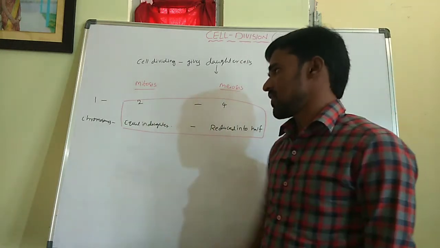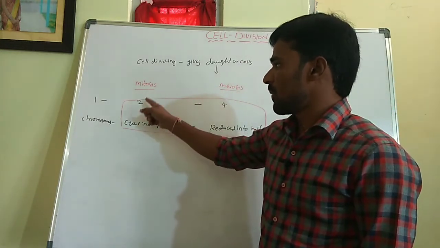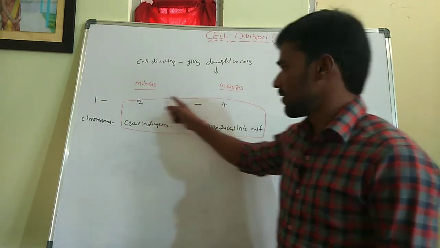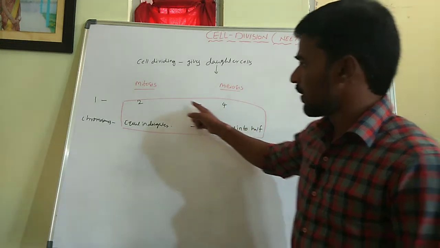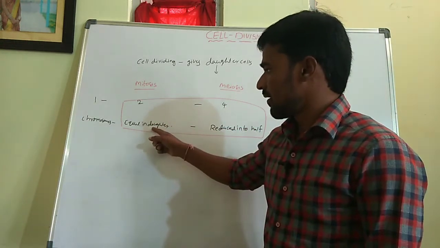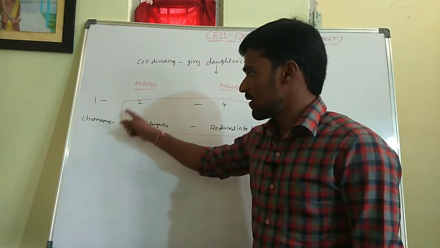In mitosis, ultimately two daughter cells will be developed, whereas in meiosis, four daughter cells will be developed. In mitosis, the chromosome number is equal in the daughter cells.